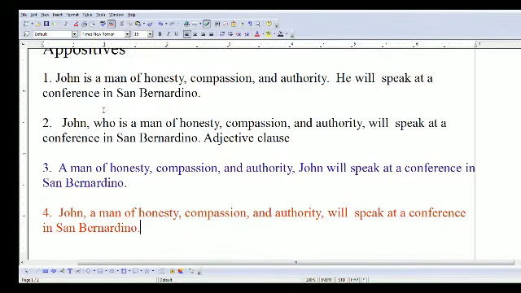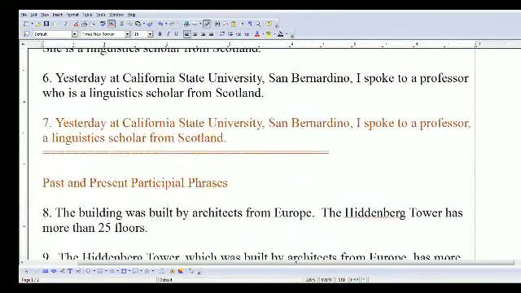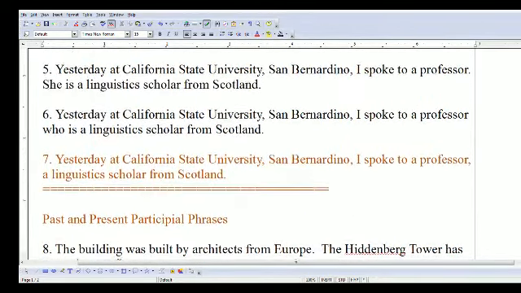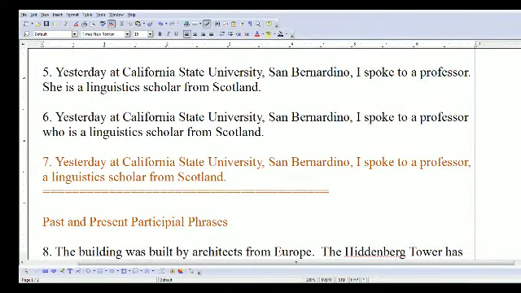So we're taking the two separate sentences, combining them, and then reducing the adjective clause to what we have in these examples. Now, in addition, I gave you examples of how you can put an appositive near the end. Remember, though, here's a key: appositives and participial phrases need to be placed before or after the nouns they modify.